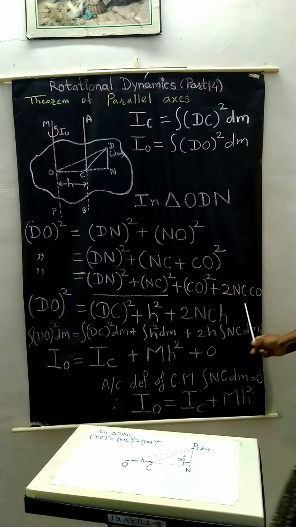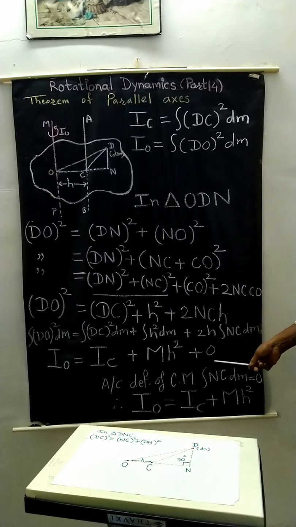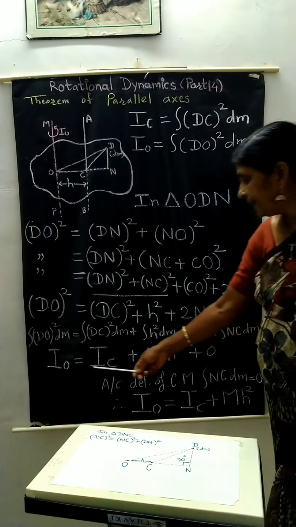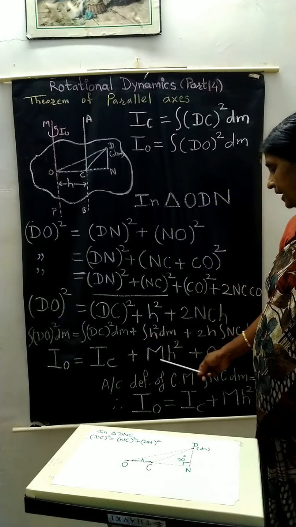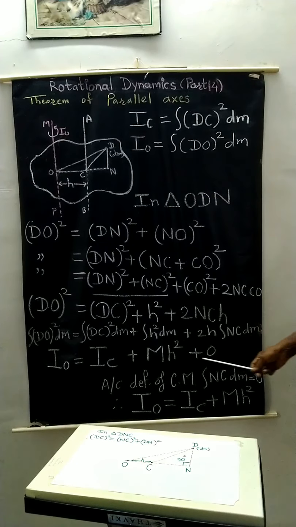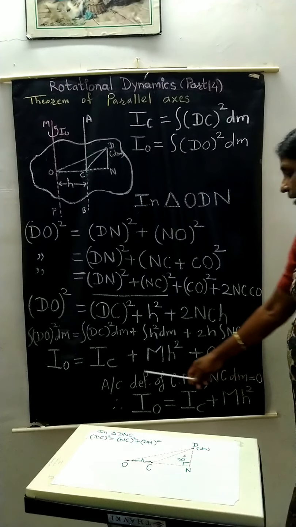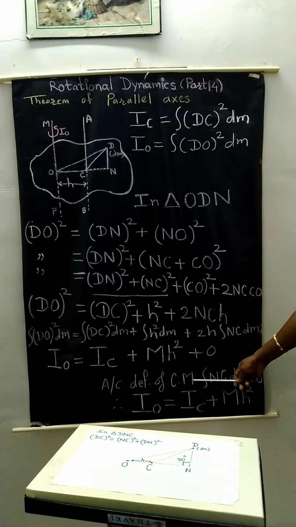Therefore, integral of NC dm is equal to 0. Hence, we get the equation IO is equal to IC plus MH square plus 0. This integral NC dm is equal to 0 according to the definition of center of mass.